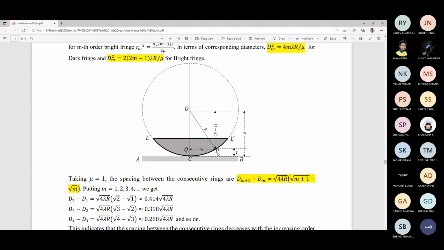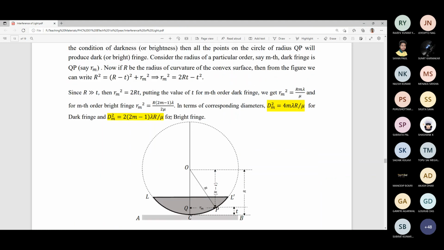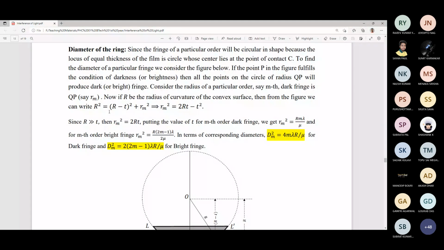If we consider a right angle triangle here, this side is Rm, this is R, and this quantity is R minus Tm, right? So from this right angle triangle, we can write R square equal to Rm square plus (R minus T) square.